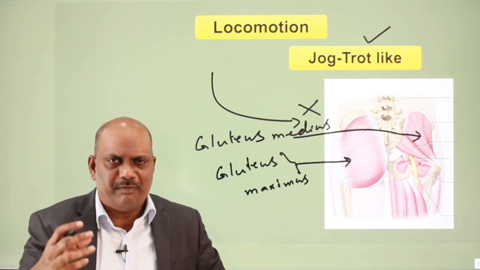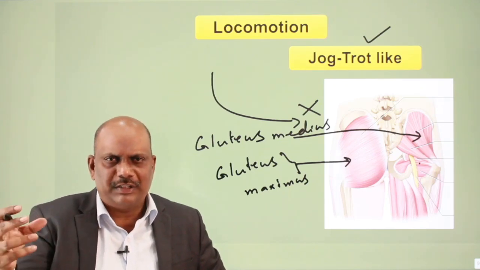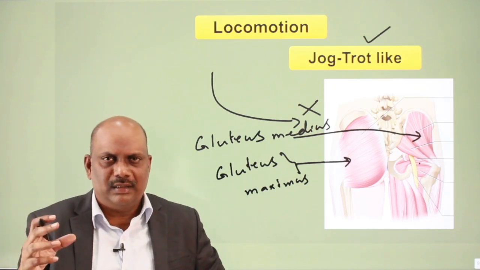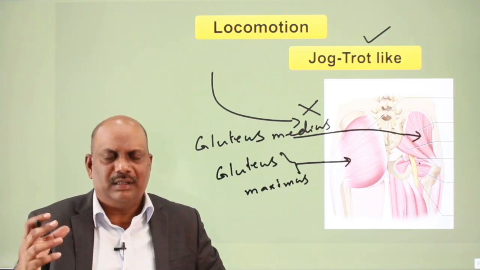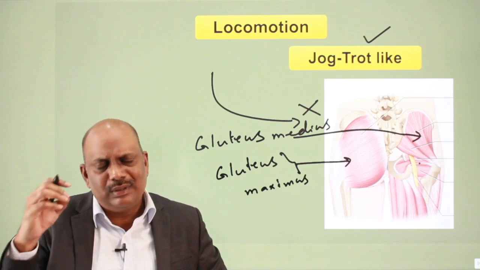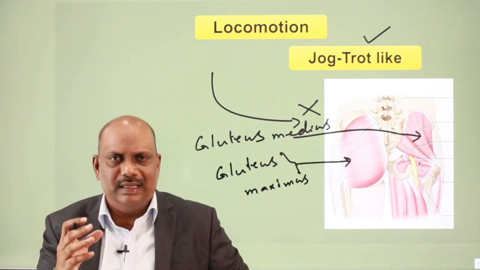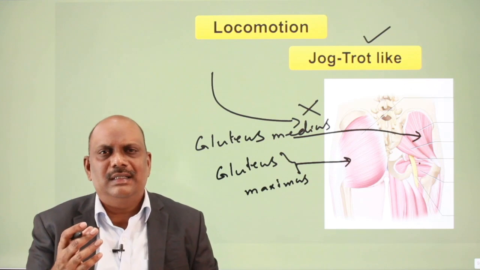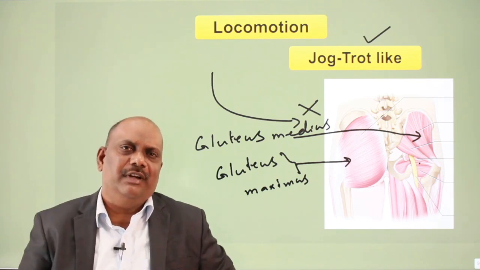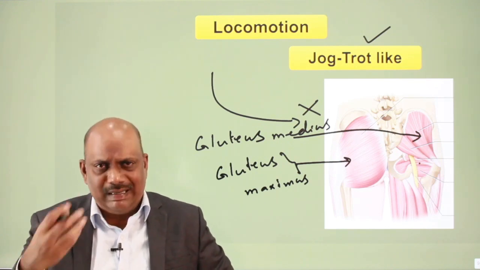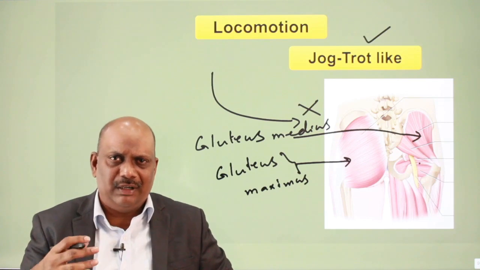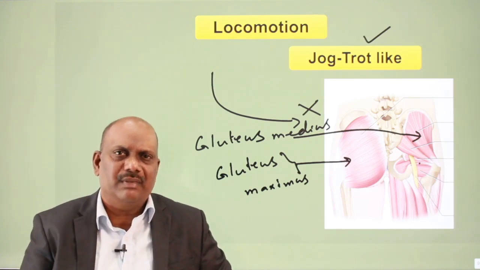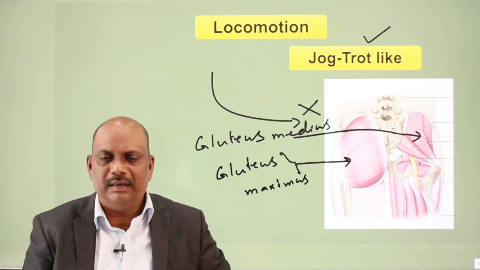Maybe 4 steps, 5 steps at a time, tuck, tuck, tuck, tuck, tuck. Then they need to stand, take a breath, then walk. This type of locomotion is physiologically inefficient because it consumes a large amount of energy. So they need to eat a lot, because walking consumes a lot of energy.